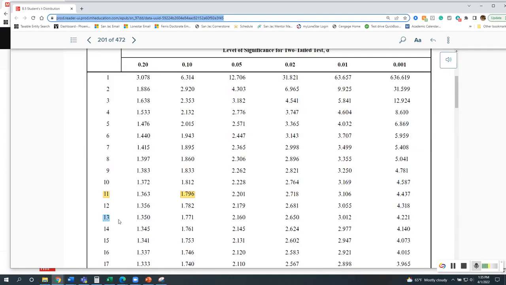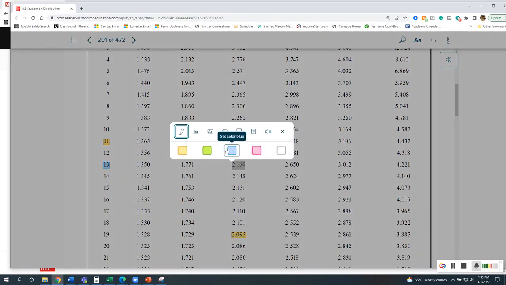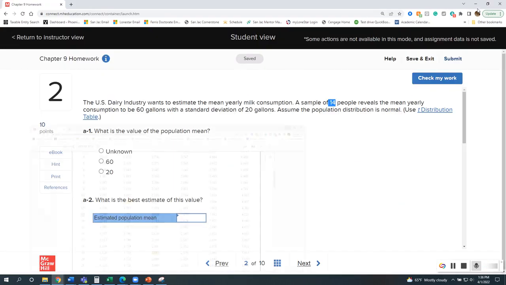So 95, 13, that is the third column, is going to be 2.160. Okay, 2.160. Check.